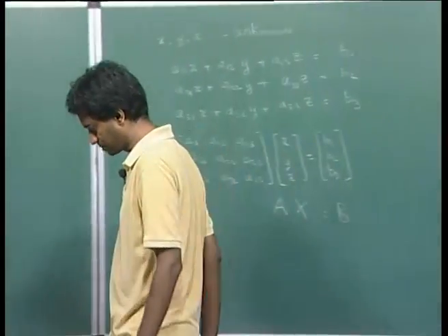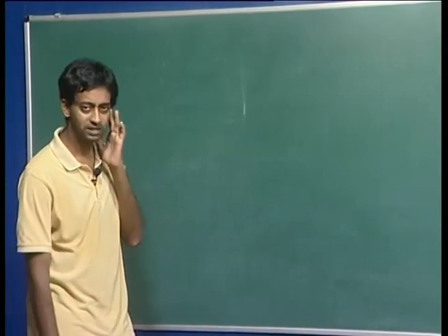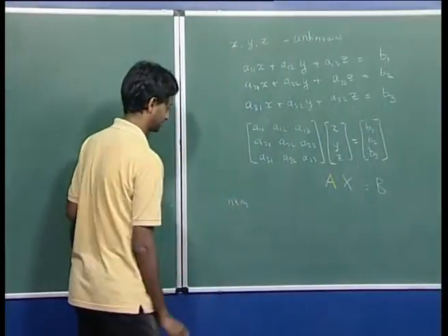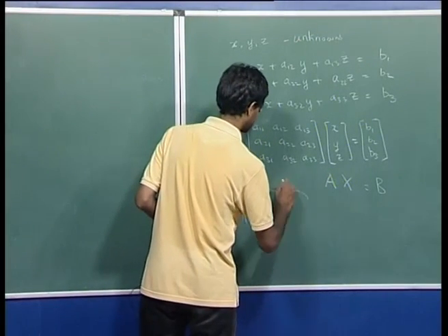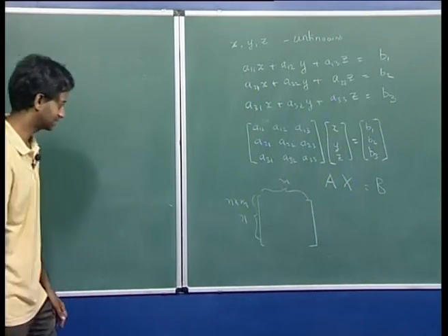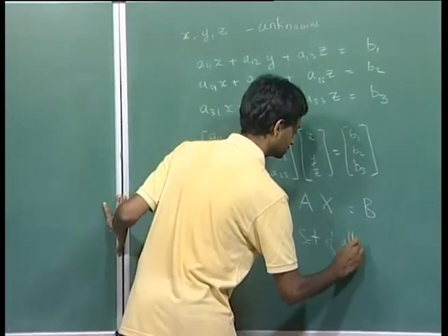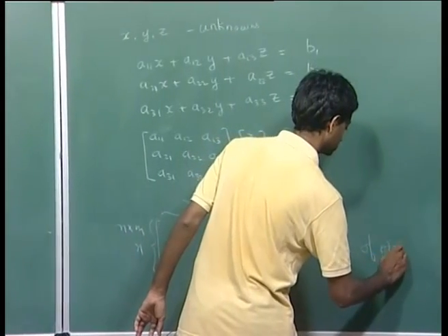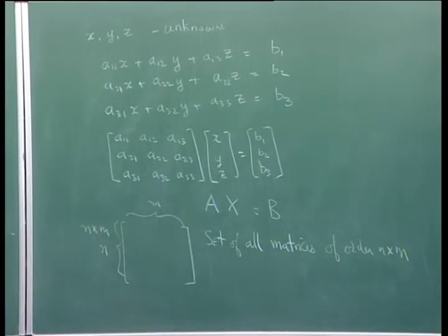Okay, before we go into a little more detail at this system of linear equations, let us mention one thing: if I take an n by m matrix, so this has n rows and it has m columns, and I consider the set of all matrices of order n by m, this set of all matrices forms a vector space.